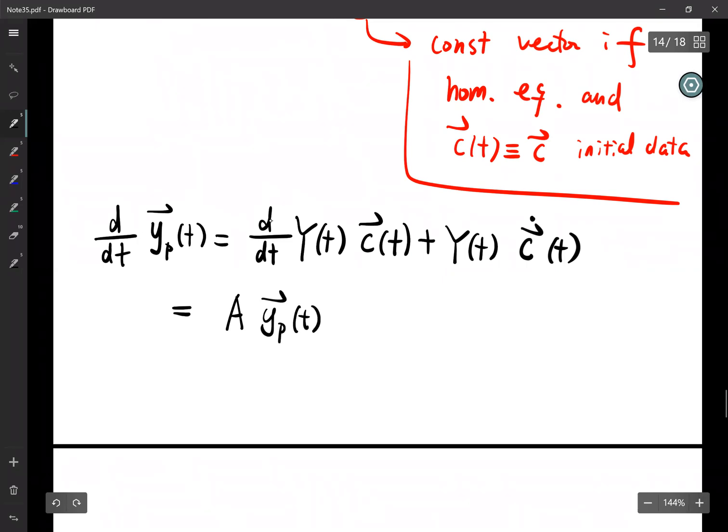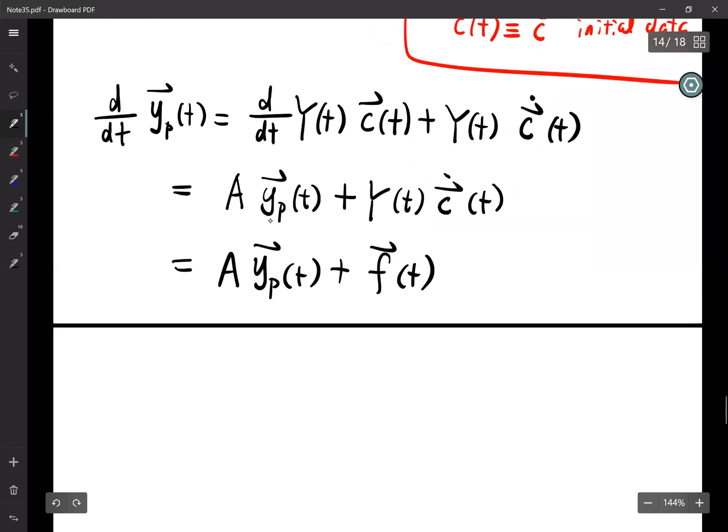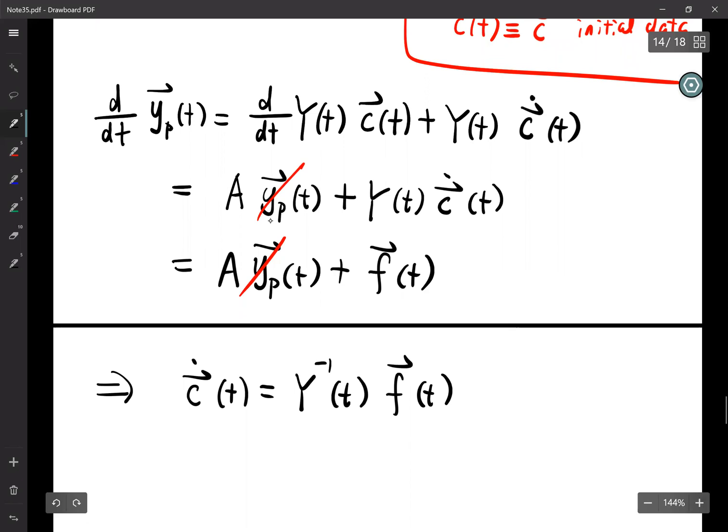We use the equation, and the other term is Y(t) c'(t). What we want is for this to equal A y_p(t) plus f(t). So this cancels. If we can solve Y^{-1}(t) f(t), then we're done.